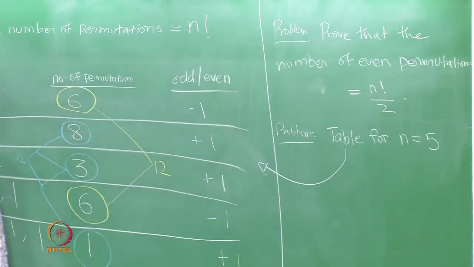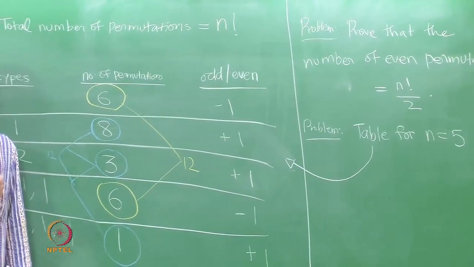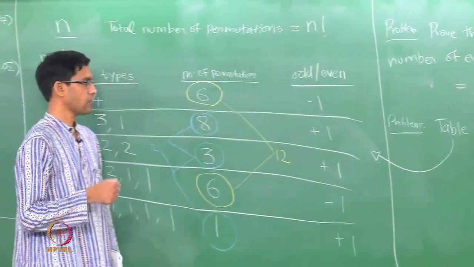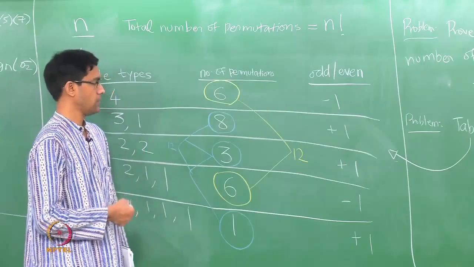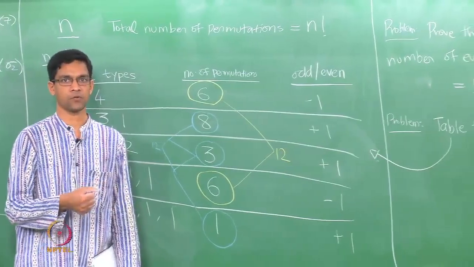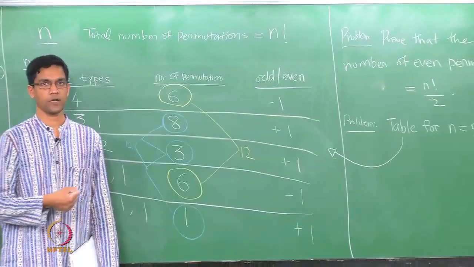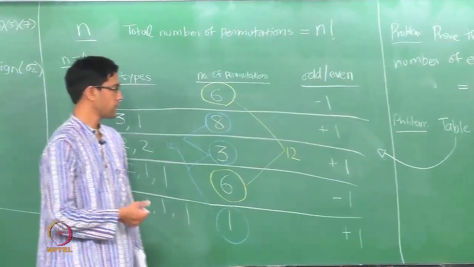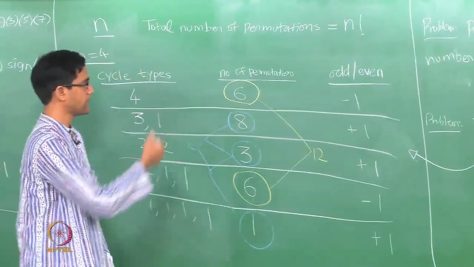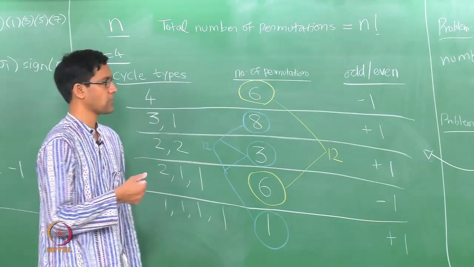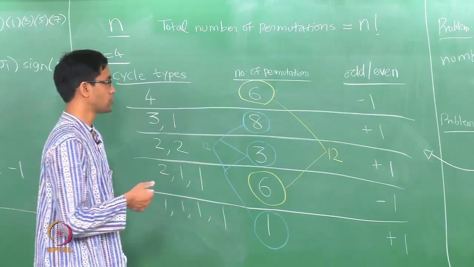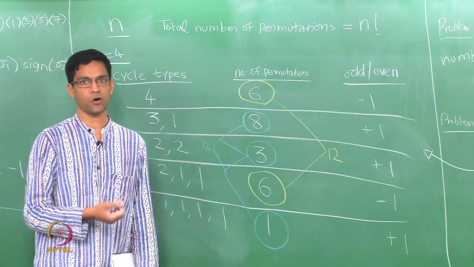Write out all the possible cycle structures for n equals 5, and for each of them work out the number of permutations with that cycle structure, and also work out whether that permutation would be odd or even, and from that conclude that half of n factorial, so 5 factorial in this case is 120, so you should get 60 even permutations and 60 odd permutations in all.